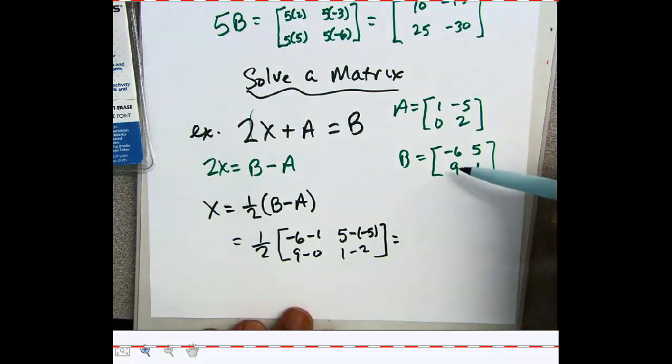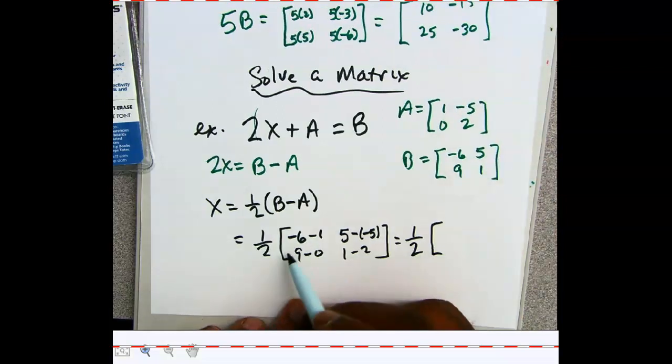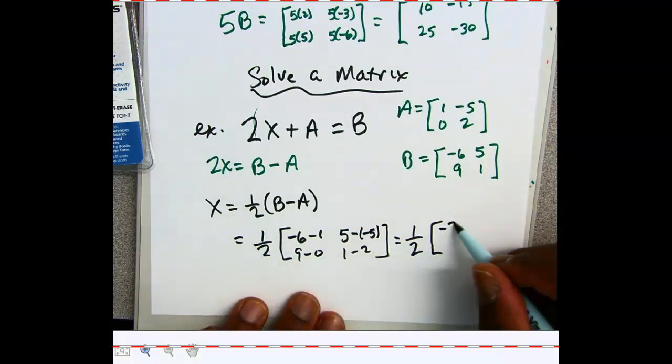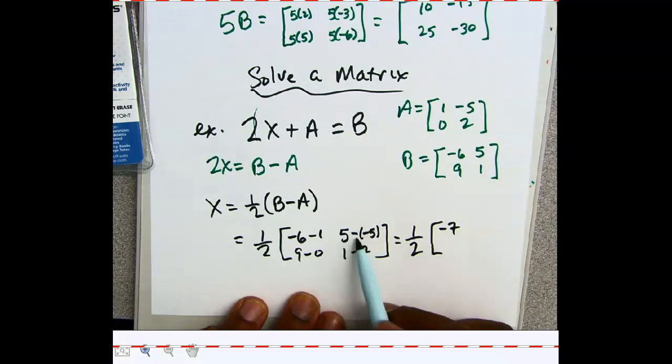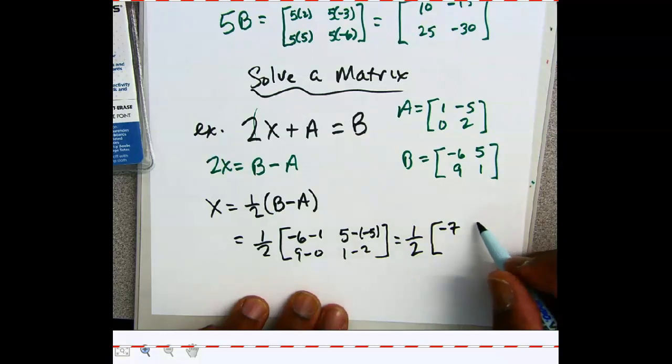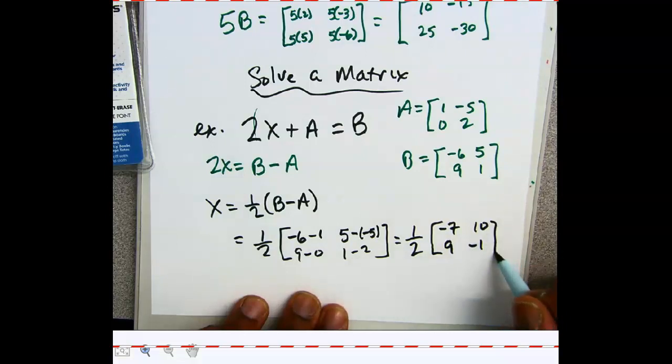So those are the elements for matrix B minus matrix A. So that would be 1/2 of -6 minus 1 is -7. 5 minus a -5 is +10. 9 minus 0 is 9. 1 minus 2 is -1.